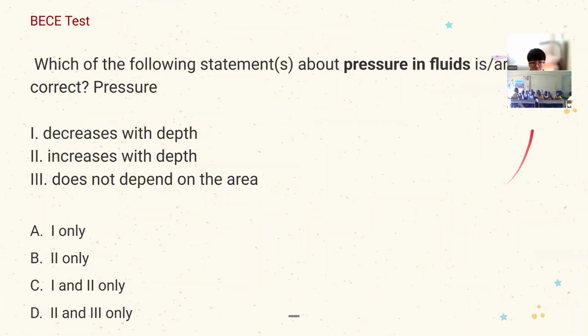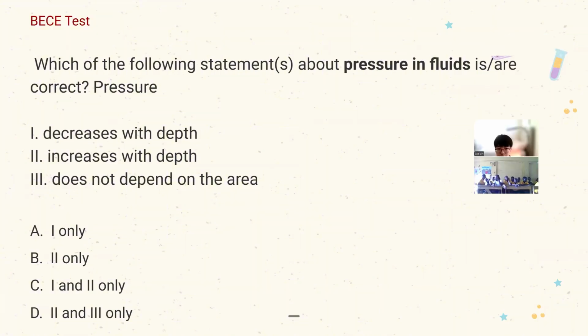another question. This is a similar question, and it asks, which of the following statements about pressure in fluids are correct? So let's try this one. What do you think the answer is?